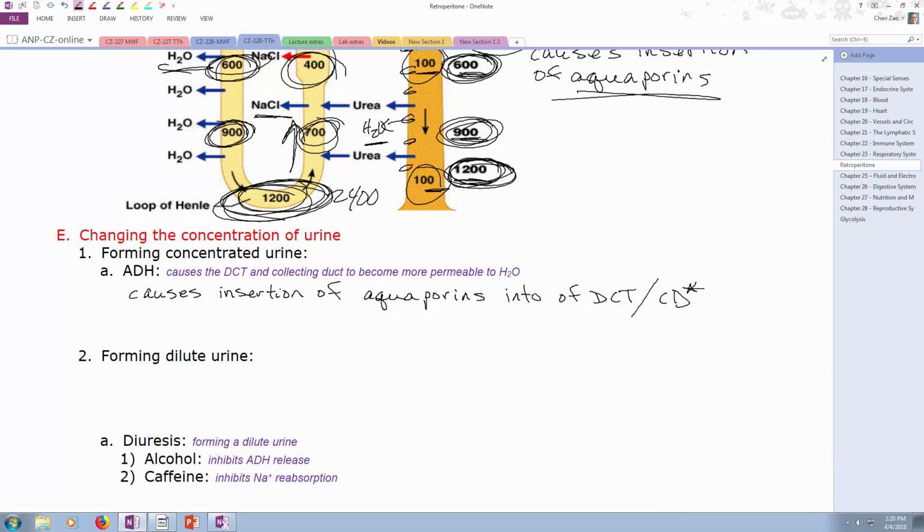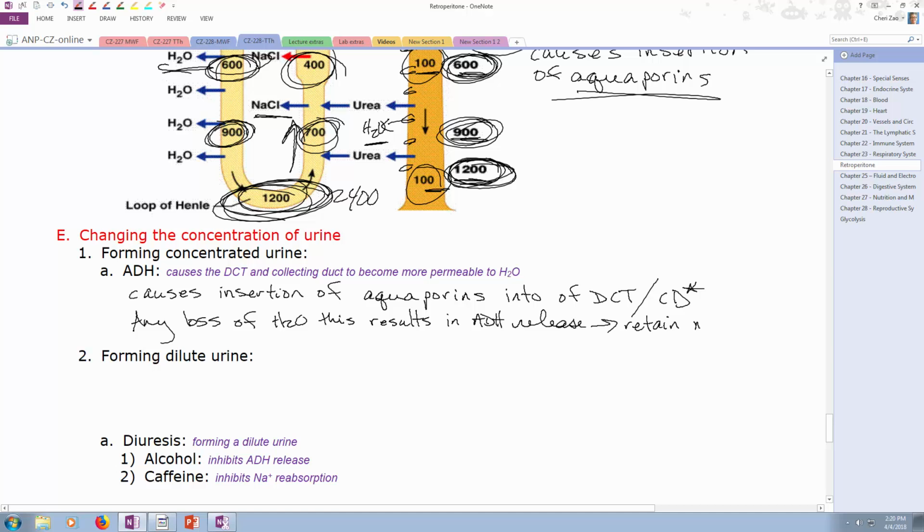And when we have any loss of water from our system or our body, this results in ADH release, and therefore we retain more water because we reabsorb it, because we have more aquaporins being inserted into our collecting duct.